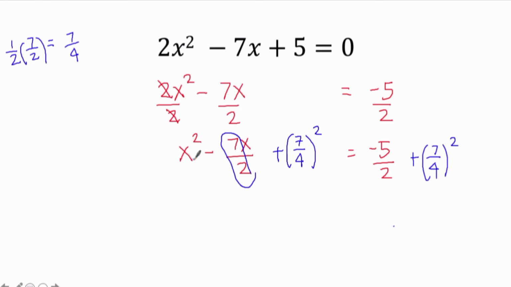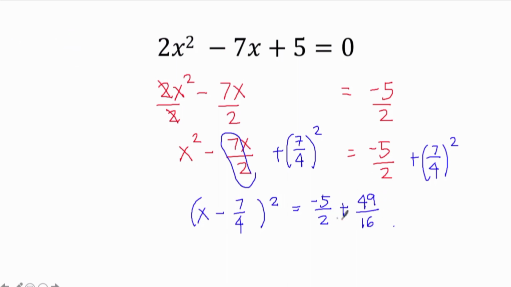Now the next step is to factor this perfect square trinomial into a square of a binomial. And we know that the first term is the square root of x squared, so we have x. The sign is this minus, and the other one is the square root of 7 over 4 squared, which is 7 over 4. And then at the right side, we have negative 5 over 2 plus 7 squared is 49 over 16.